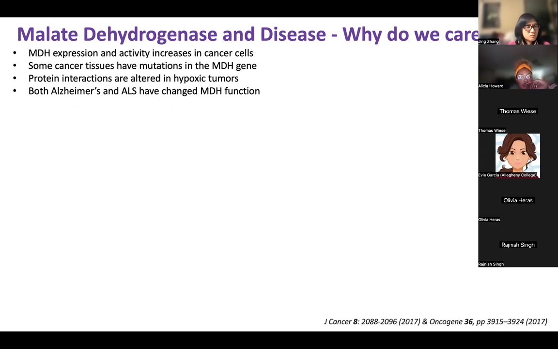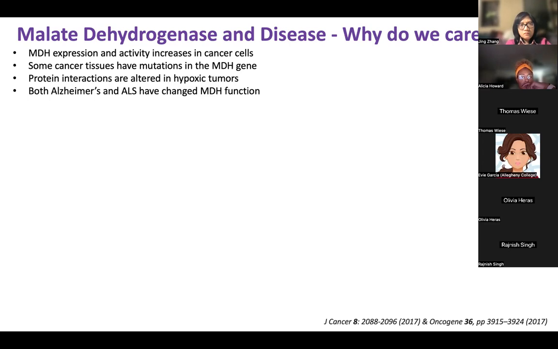So MDH expression changes in cancer cells. We see some cancer tissues have mutations in the MDH gene, and we also see protein interactions are altered in hypoxic tumors. So HIF1 alpha and maybe the pH of the cell can drive some of the protein interactions.